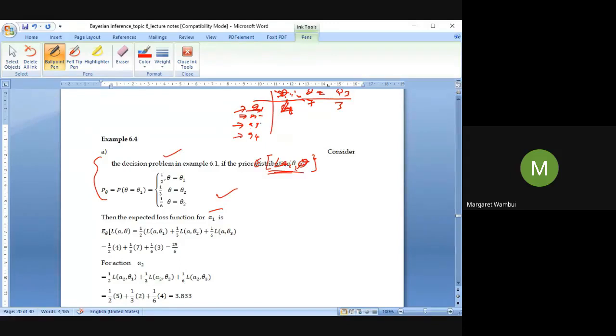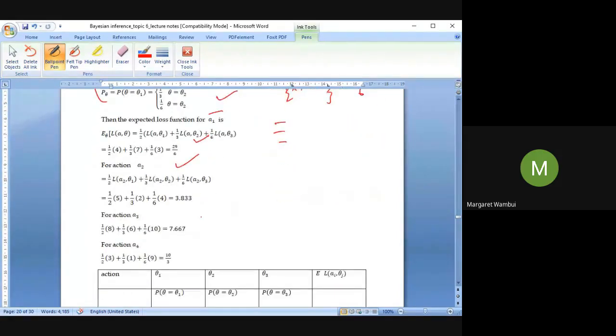So for me to get the expected value of the loss function under action 1, it will be given by a half times the loss function under action 1, which is 4, plus a third times the loss function under action 1, which is 7, plus a sixth times the loss function under action 1, which is 3, and I get the answer. Then I do the same for all of them, and you can see they are here. So we have that one. We have under action 2. We also have under action 3.